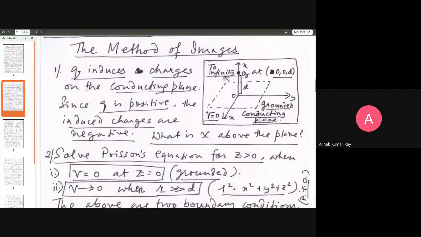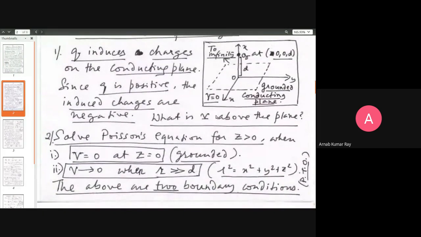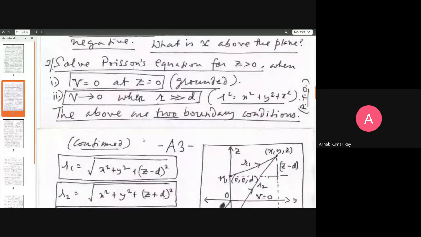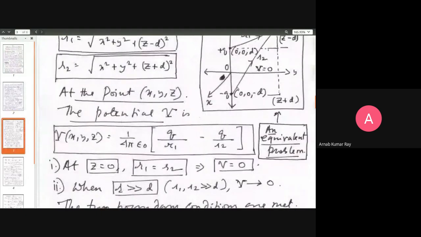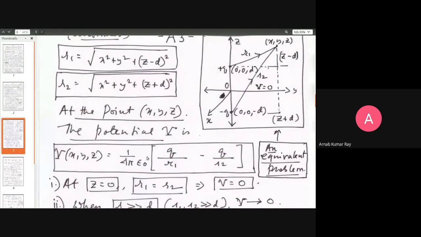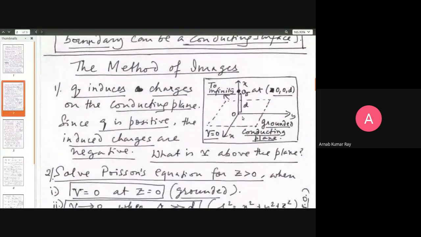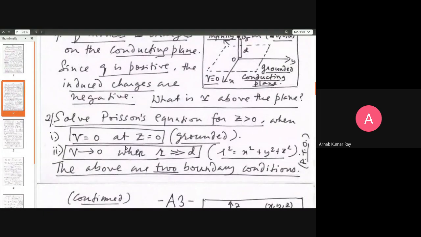And what is that escape route? That if this boundary condition, which is appropriate for this problem, is also simulated by another problem of an equivalent nature, then the solution that you get from the simpler equivalent problem will also be the solution of this problem. Because the uniqueness theorem says that there can be no other solution for the same boundary conditions.